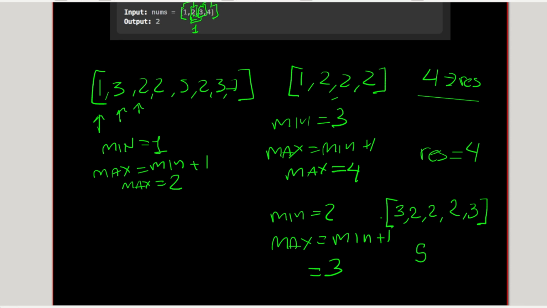Compared to the previous result, 5 is greater than 4, so we replace the result with 5. Now we know the answer is 5, but if we keep going, our result is going to stay the same, because if we take the max every time, we're just left with 5. In the end, once you are done traversing your entire hash map, you can just return the result. So let's hop into actual Leetcode and code this up.